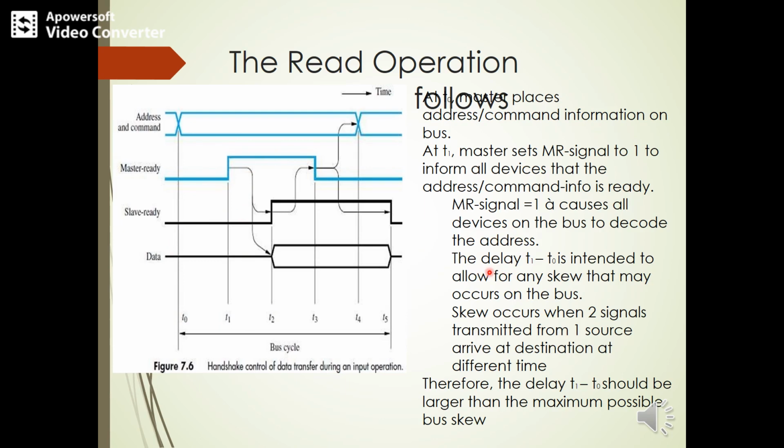The delay T1 minus T0 is intended to allow for any skew that may occur on the bus.